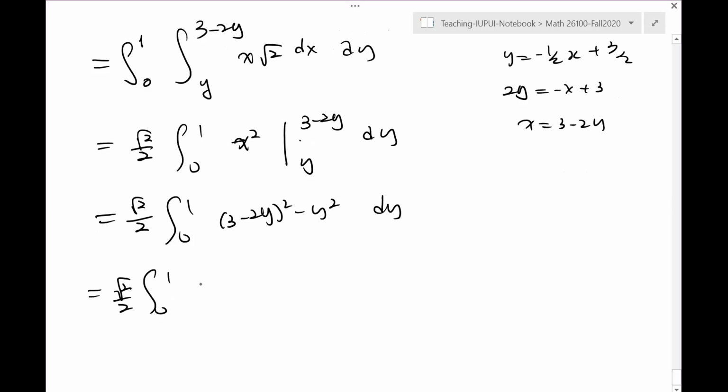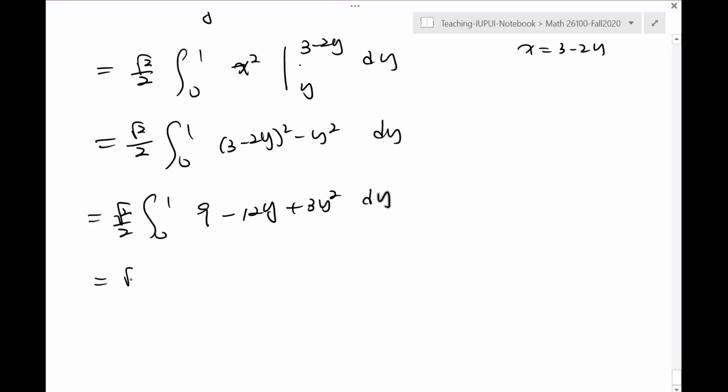Multiply this out: that's 9 minus 12y plus 3y squared. Then you find the antiderivative of each of them. And the answer is 9 minus 6, which is 3, and 3 plus 1 is 4. So that is the answer.